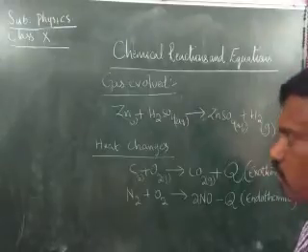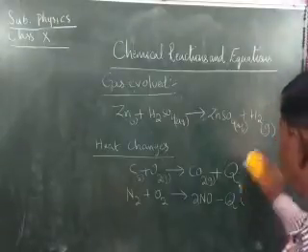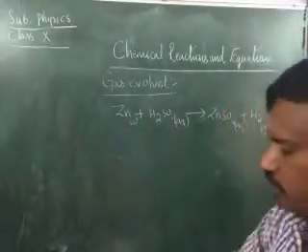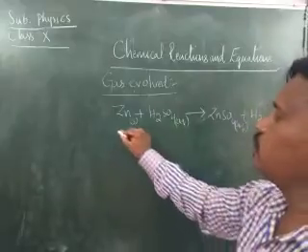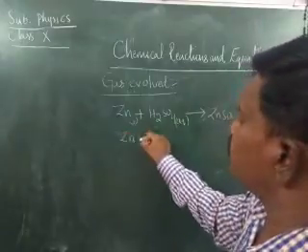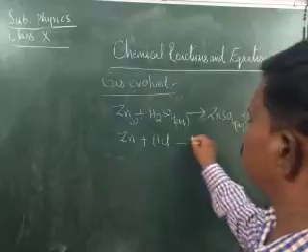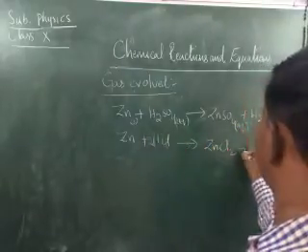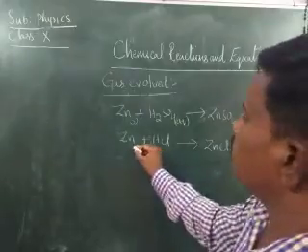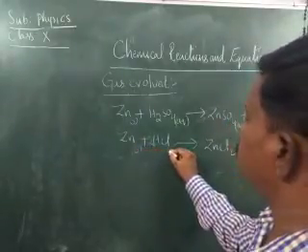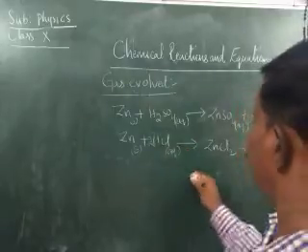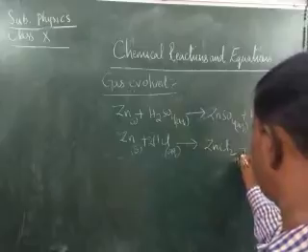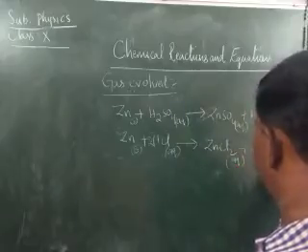Not only with sulfuric acid, children, zinc can react with any acid. Zinc is a metal. Zinc reacting with HCl gives ZnCl2 plus H2. Here zinc is a solid, HCl is aqueous, or we can say liquid. Zinc chloride is also aqueous, and hydrogen gas is evolved.